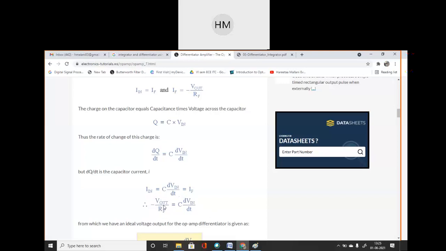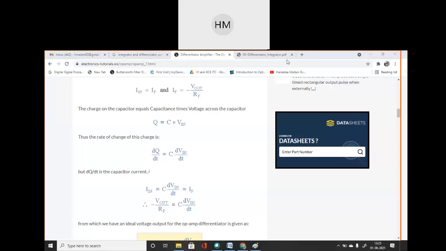So we are relating V out and V in over here. So now you can find out the equation of output voltage for differentiator. V out is equal to RF C into dV in by dt. Is it clear?